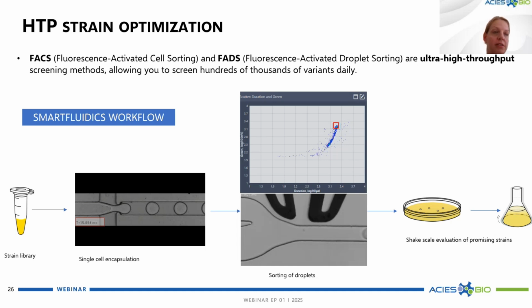One is FACS, fluorescence activated cell sorting, which is an old method that you probably all know about. This is the technique where you sort the cells based on fluorescence. It is usually used for screening of intracellular products or sorting based on cell size, and here at Acies Bio it is mostly used for yeast cells.